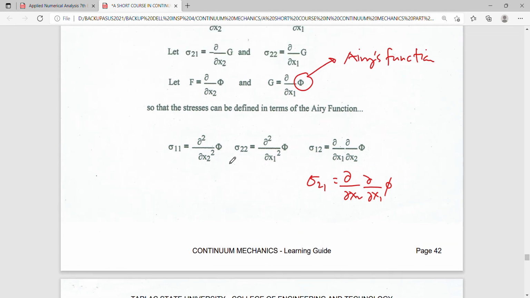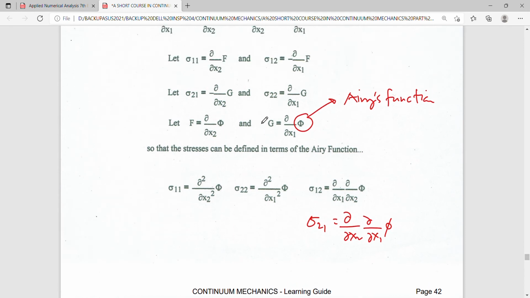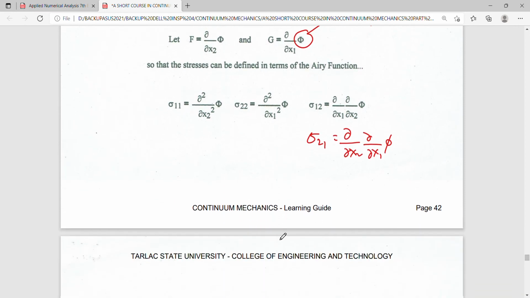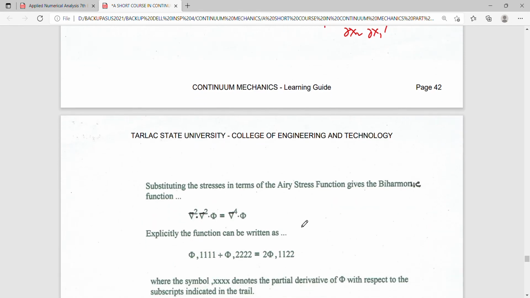a function defined by this, which I can conveniently use to form another function, which is called the biharmonic function. Okay, when you say biharmonic, if you try to recall your advanced mathematics, I don't know if you have studied. So this is a harmonic function.